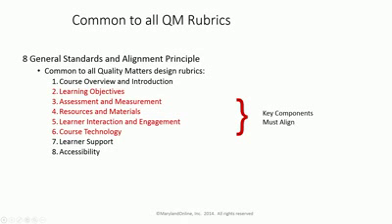You use all of these to create a high quality online or blended course, and that's really what Quality Matters does, and provides assistance to faculty and instructional developers and others on how to design and build effective online courses. So that's a little bit about Quality Matters.